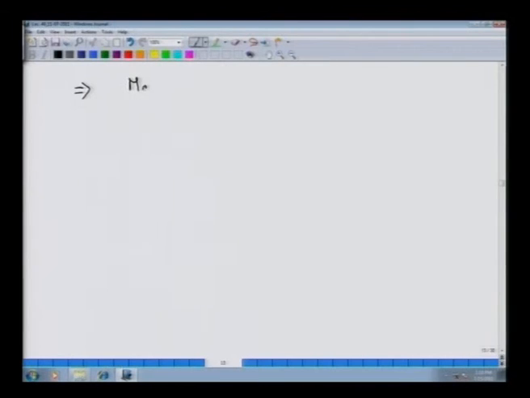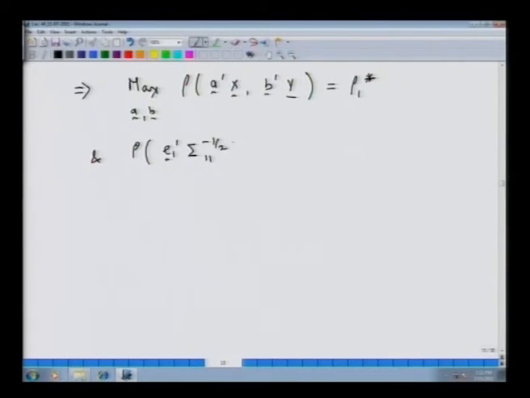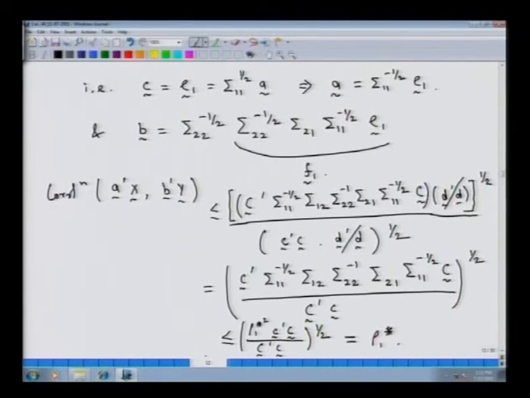So, this will imply that the maximum correlation between A prime x and B prime y, maximum over all possible A and B vectors, is equal to rho 1 star, and the correlation coefficient between the two vectors, which is E 1 prime sigma 11 to the power minus half x and F 1 prime sigma 22 to the power minus half y. So, these are the linear combinations that we are talking about.